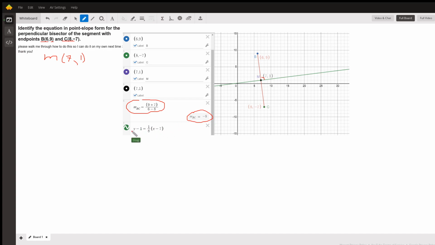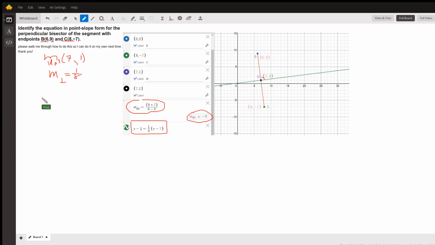Now at this point, I've used point-slope form. So the line passes through (7, 1), and I should say this is the midpoint here. The slope of the perpendicular is 1/8.